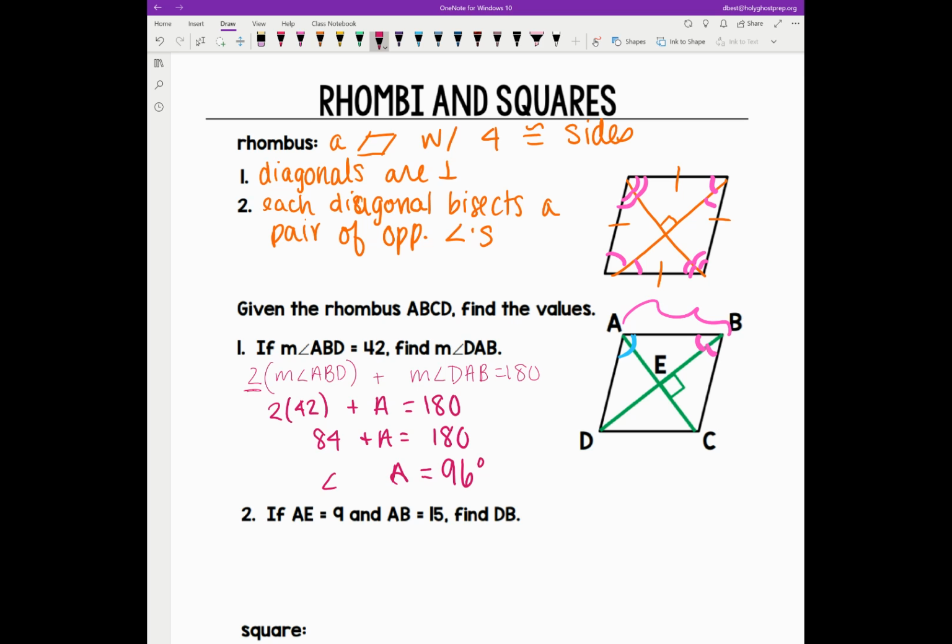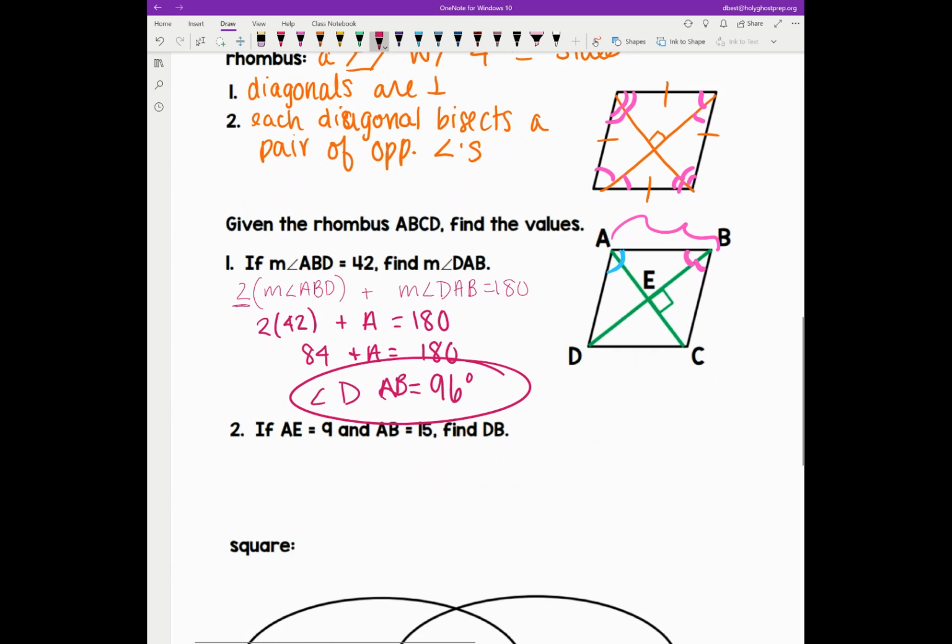And now I'll fill it in, angle DAB. Okay. Our next one has to do with the same diagram, but now using segments. Okay, so AE is 9, AB is 15. Find DB.